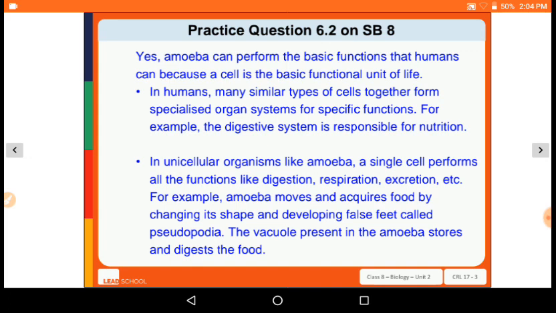In unicellular organisms like amoeba, a single cell performs all the functions like digestion, respiration, excretion, etc. For example, amoeba moves and acquires food by changing its shape and developing false feet called pseudopodia. The vacuole present in amoeba stores and digests the food.